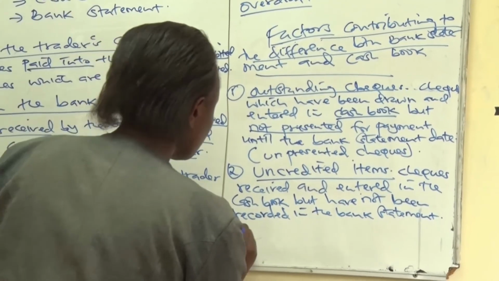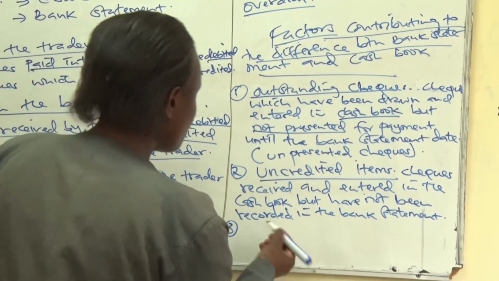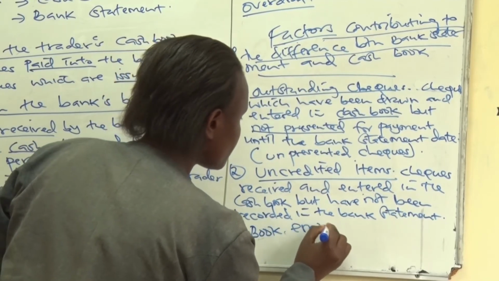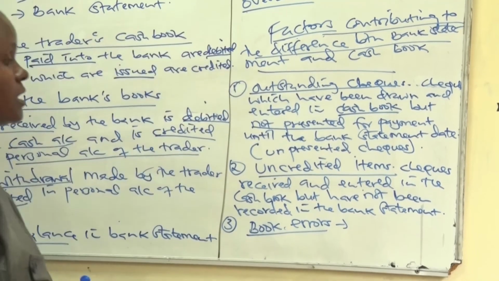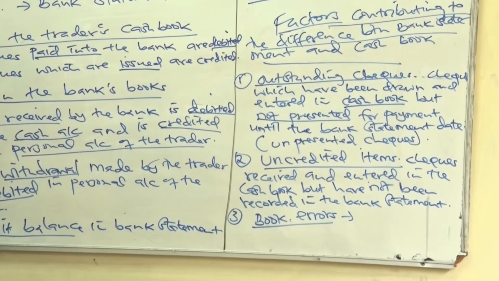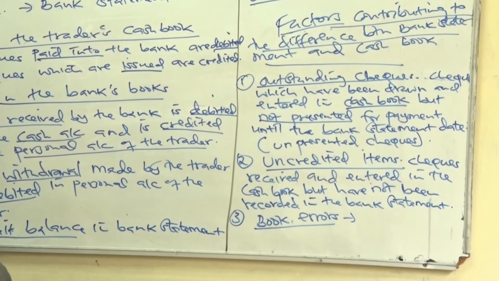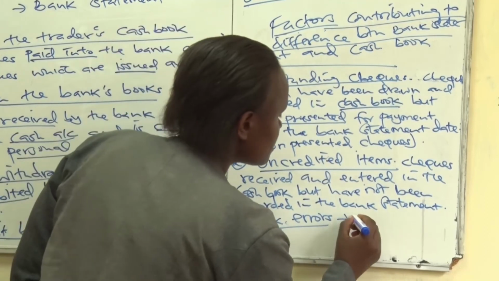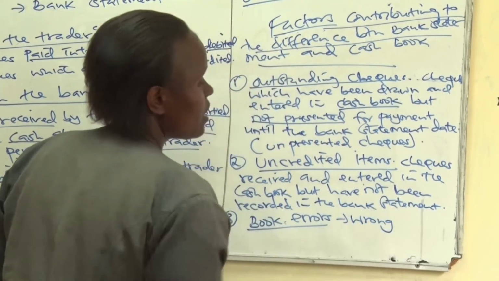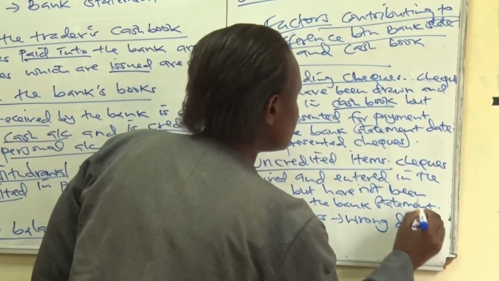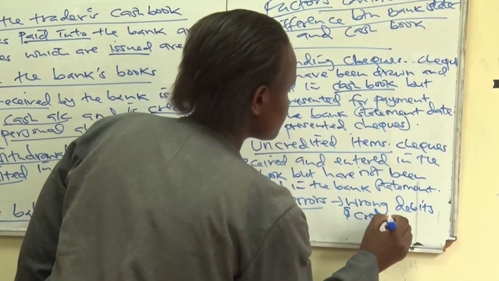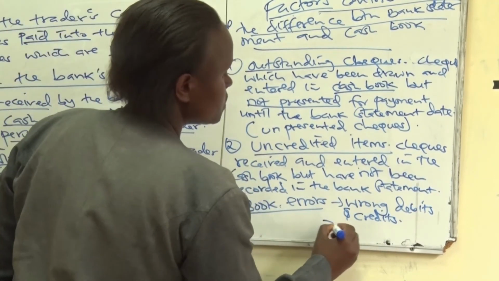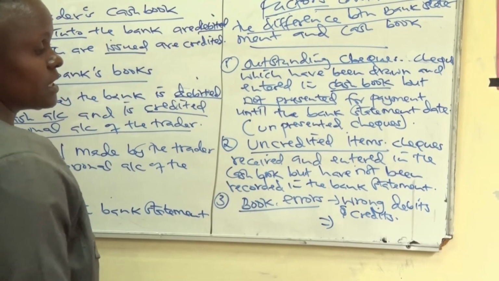Another item, there are so many, we have the book errors. The book errors means, instead of writing the correct amount on the debit side or on the credit side, you write wrong amounts. So you can have wrong debits and credits, or the amount which has been wrongly debited or credited.